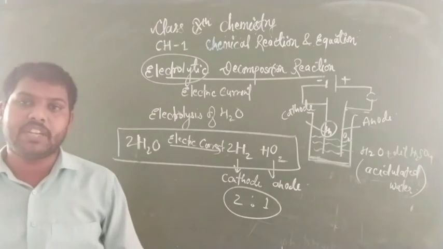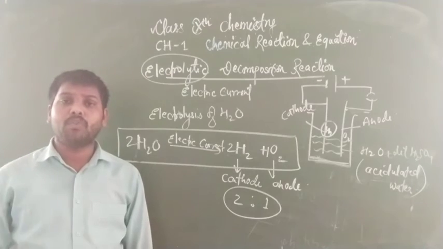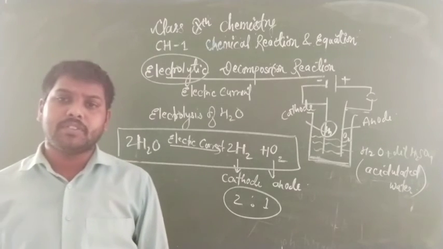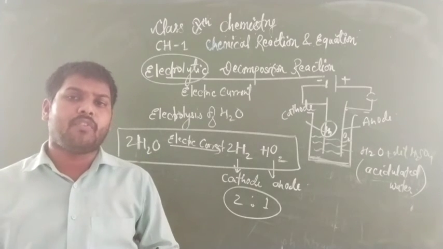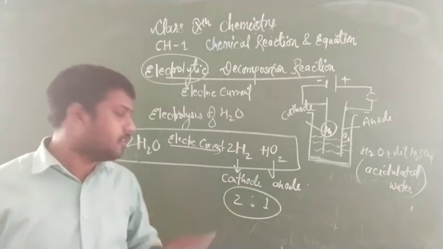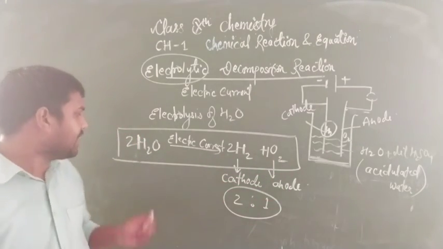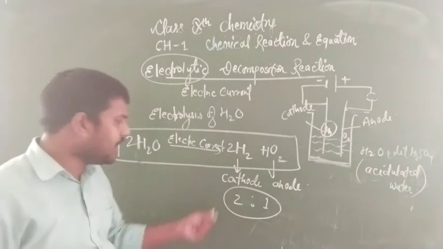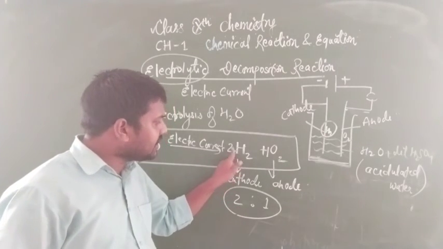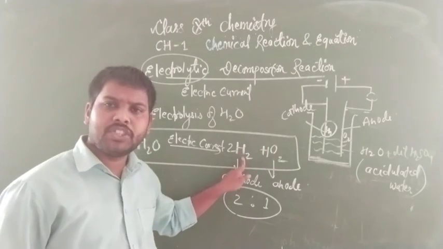Or you can say, why does the compound of water give 2 volumes of hydrogen, meaning one gas is double that of oxygen? हमने ये देखा कि वाटर को जब हम ब्रेक करते हैं तो एक गैस जो है हाइड्रोजन, why is the hydrogen double that of oxygen?